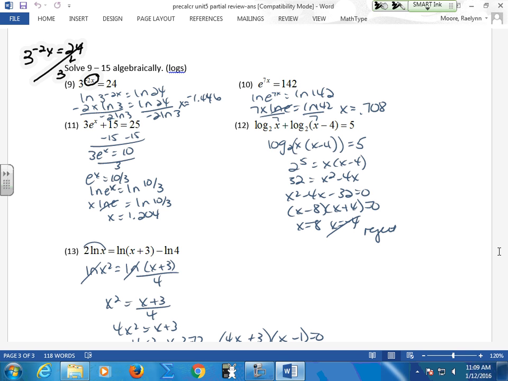Now, I could use ln, or I could use log. If you prefer to use log, it works the same exact way. What you put on one side, you have to put on the other side. This exponent can now come down. Now, your goal is to solve for x.